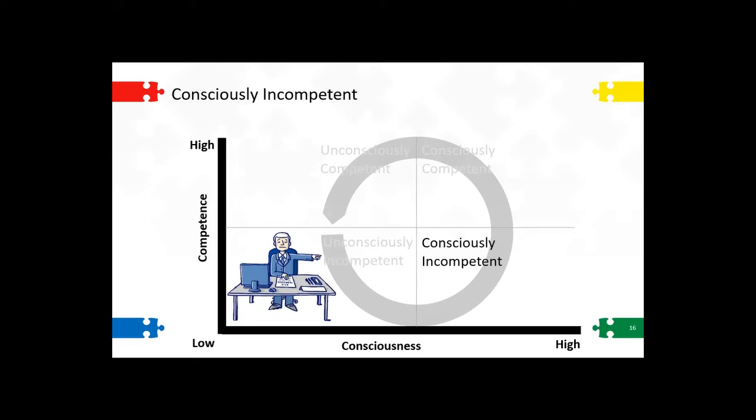And when presented with a task at this stage, you can start to feel a little bit overwhelmed with the perceived enormity of the task, of the skills, that gap between the skills you've actually got and the required skills level. And you can become a little bit self-doubting. So at this stage, it's labelled the consciously incompetent. They don't have the skills, but they now know they don't have the skills.